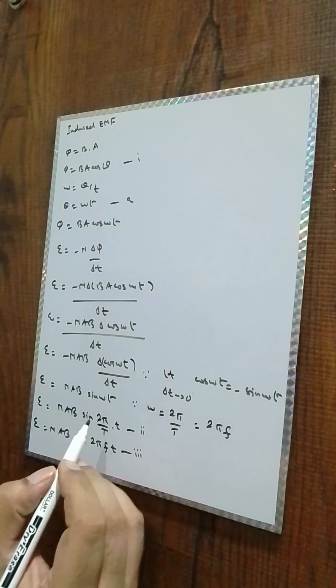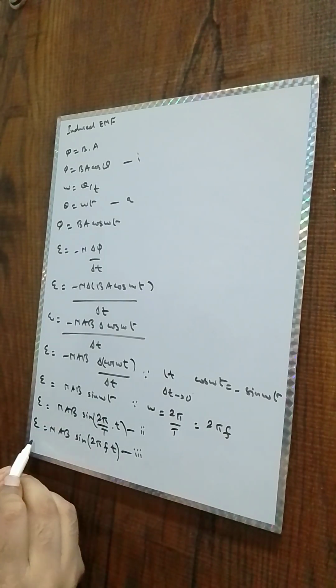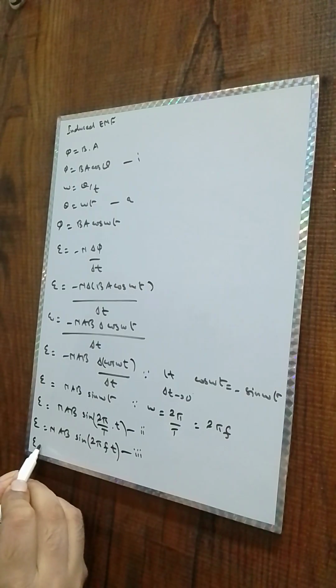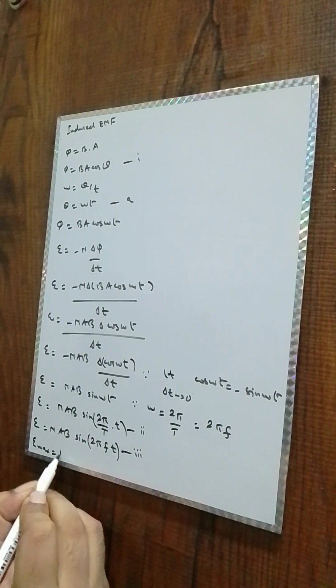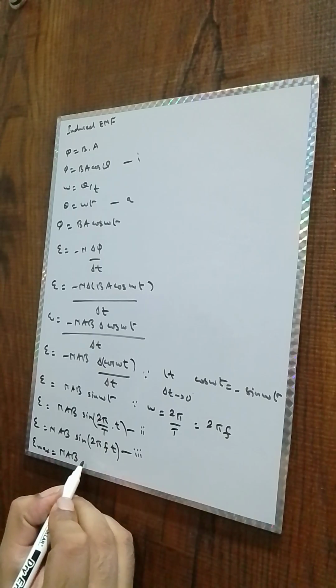There's just a little bit more we can do here. We know that E max in this situation will be equal to N A B, because sine of the collective angle will be 1.